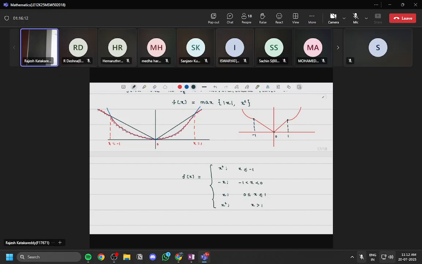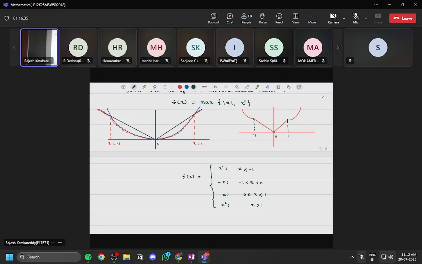Once I have done this, I can clearly see left hand continuity first of all. Left hand limit at -1 is how much? Can you tell? 1, right? -1 whole square, right? So the right hand limit at -1 will be 1.